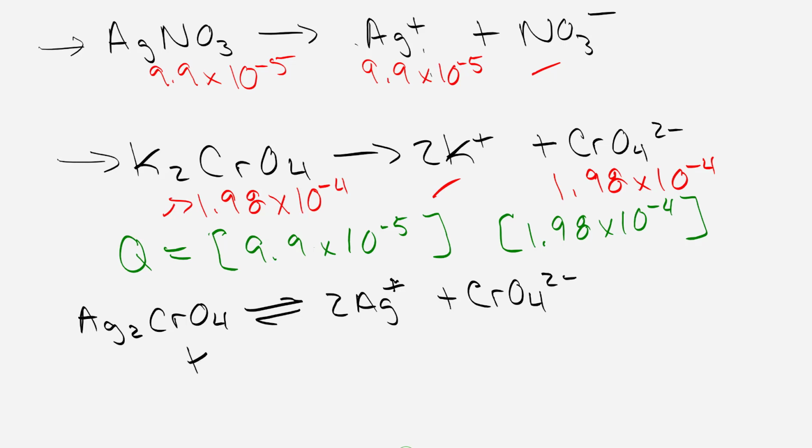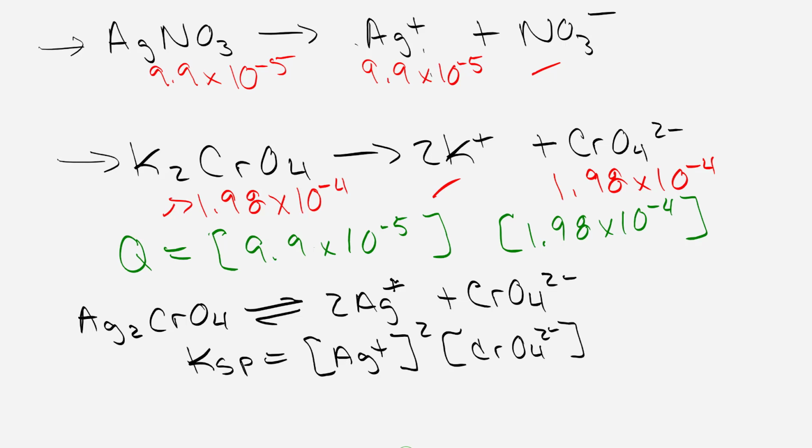So my KSP equation then is my Ag plus squared times my CrO4 2 minus, and that's just by itself. So this quantity is squared, so I must have a square here.